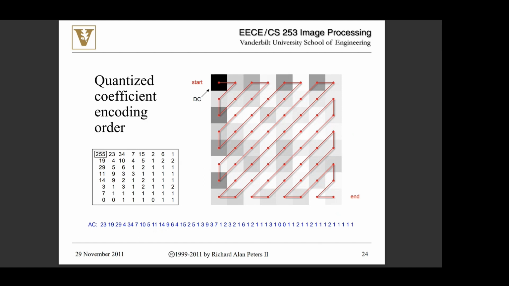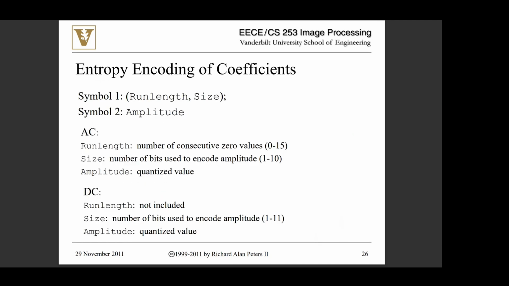In this example, there are not particularly many, but in general there will tend to be many zeros there. So what we will encode is the number of consecutive zero values, and they go from 0 to 15. So this means that we are using 4 bits to represent how many zeros are ahead.